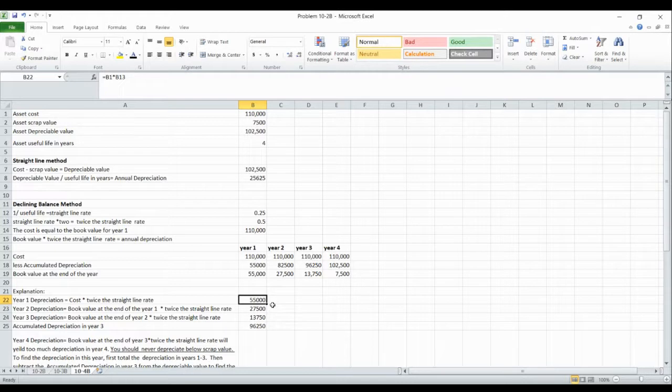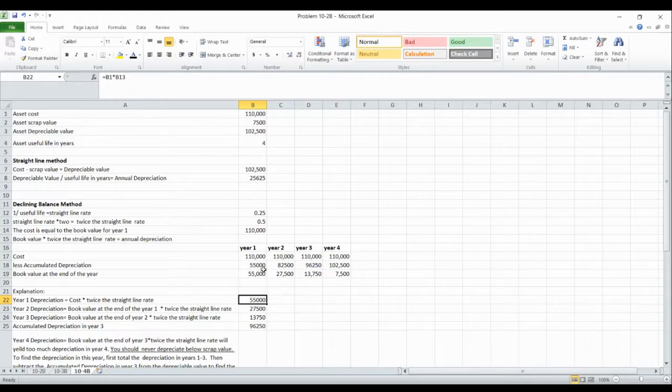But $55,000 is the depreciation expense in year one. At the end of the year, we create an adjusting entry that will debit the depreciation expense and credit accumulated depreciation.